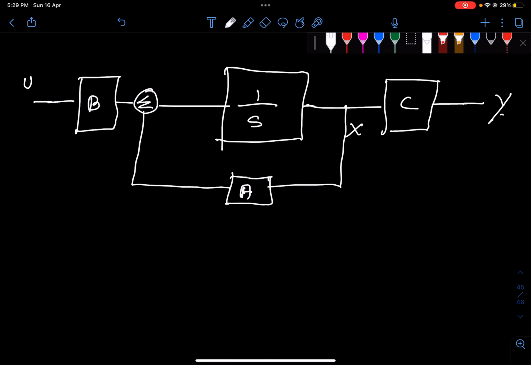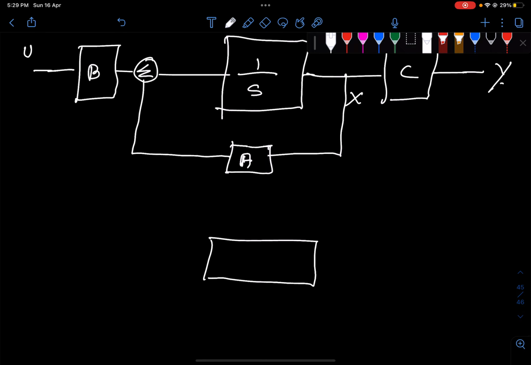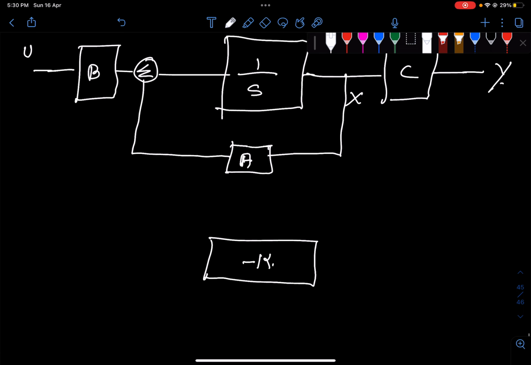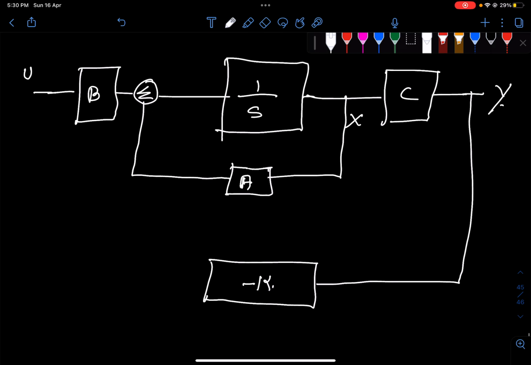So applying the same concept here, we will have a block of minus k gain. Instead of taking from the output to the input, what will the input be?